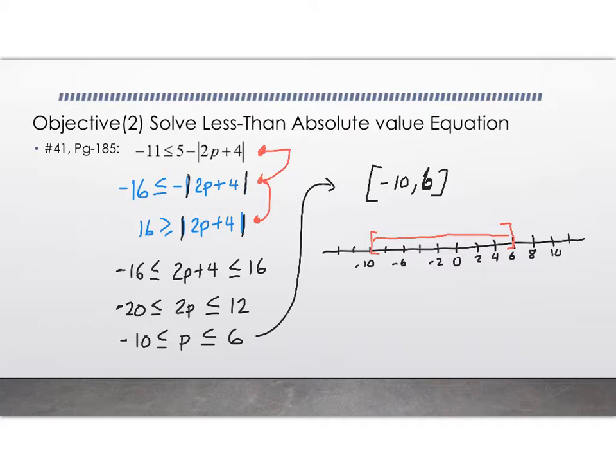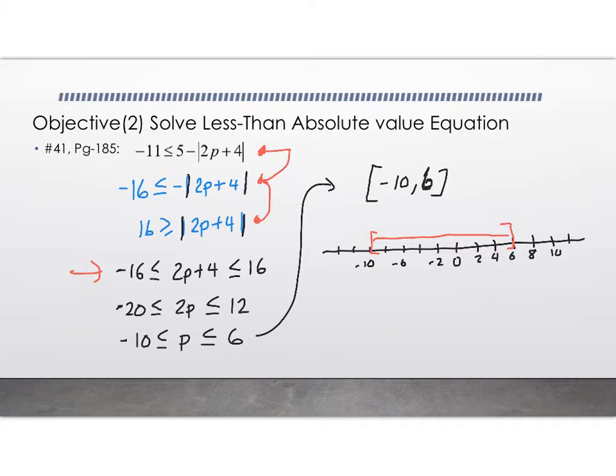Well, 2p plus 4 can be positive or negative, and in fact, it's going to be between two points, between -16 and +16. So now our inequality is -16 is less than or equal to 2p plus 4 less than or equal to 16.